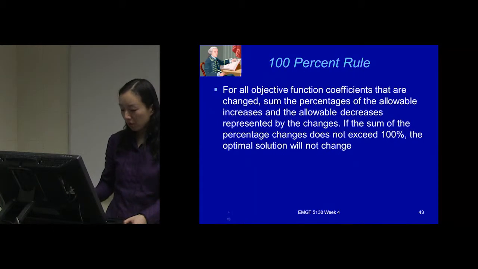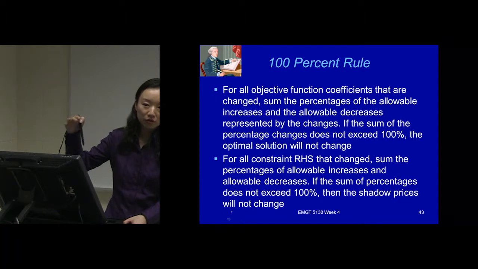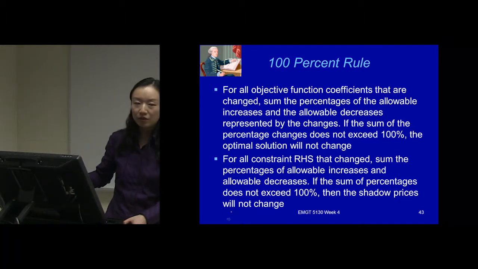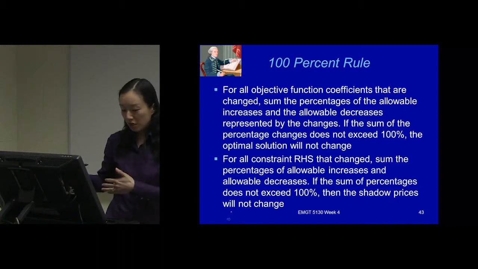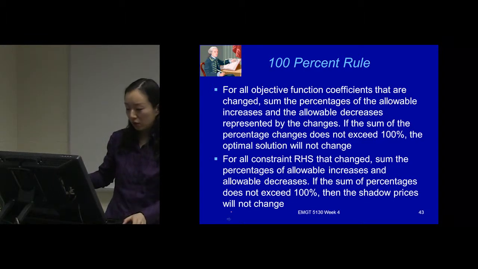We also talked about the 100% rule. One applies to the allowable increase and decrease of the objective function coefficients. Another applies to the right-hand side changes to the constraints. So it's pretty easy to remember. For simultaneous changes, you have to determine whether the percentages of the simultaneous changes, added together, are less than 100%.